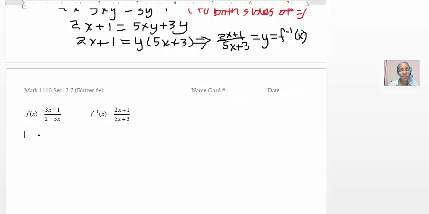So 2 minus 5x can't be 0, which means 2 can't equal 5x if I add a 5x to both sides, which means 2 over 5 can't equal x.